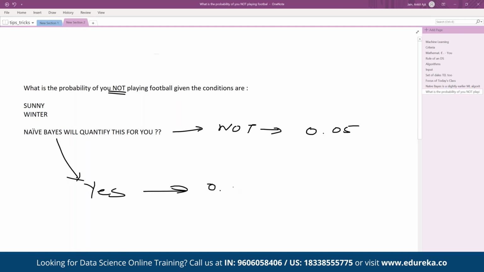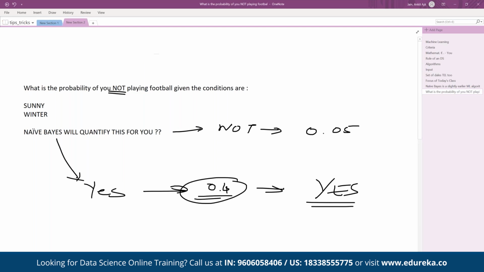Suppose it comes out to be 0.4. Who wins here? The yes wins here, right? So you will classify it as yes. So the whole idea is understanding how Naive Bayes can be used to quantify probabilities.